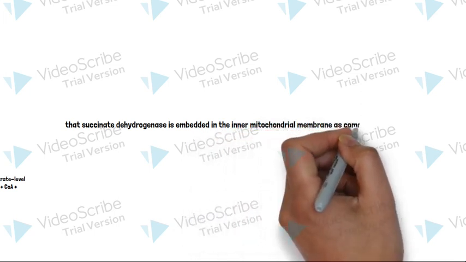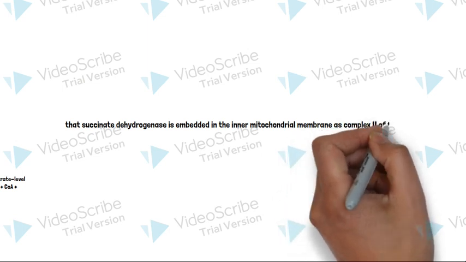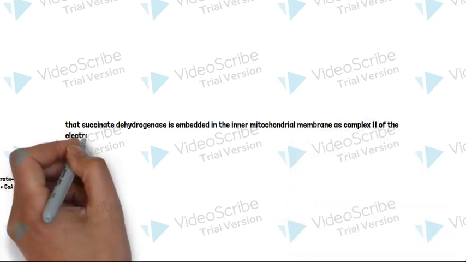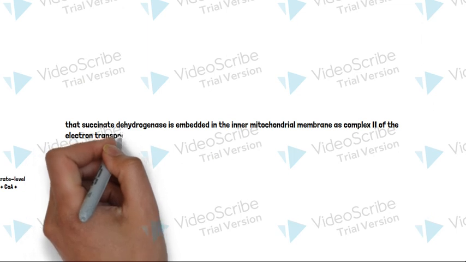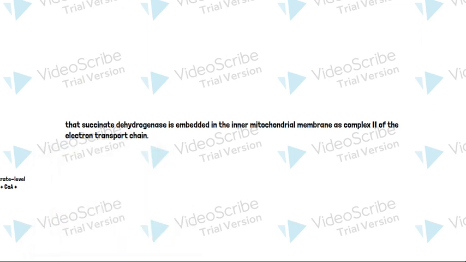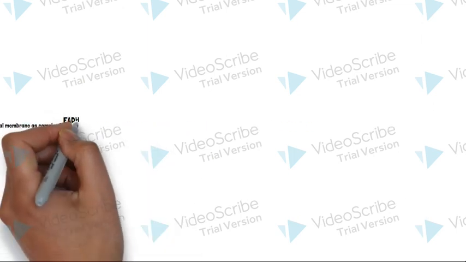In the conversion of succinate to fumarate, you will get one molecule of FADH2. We don't have enough energy to get NADH, so we will get FADH2.